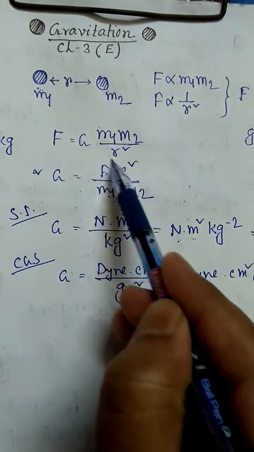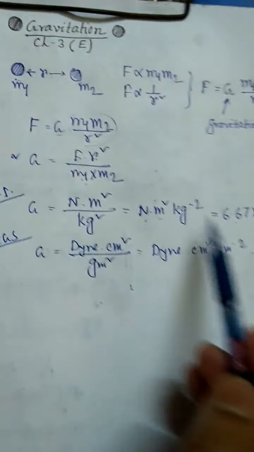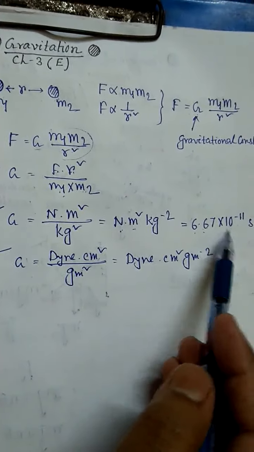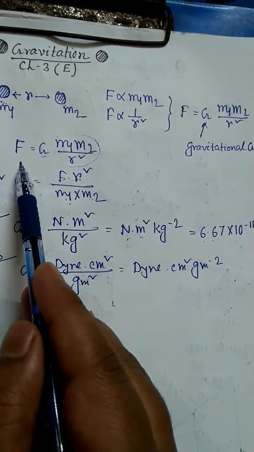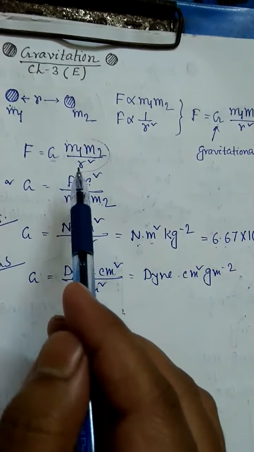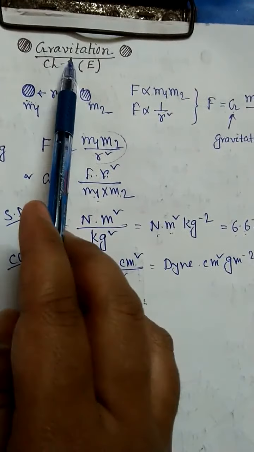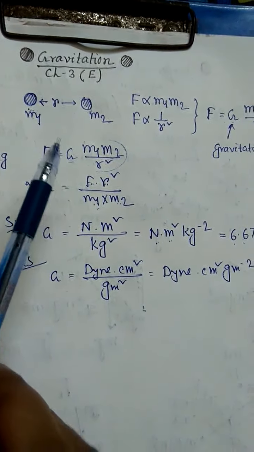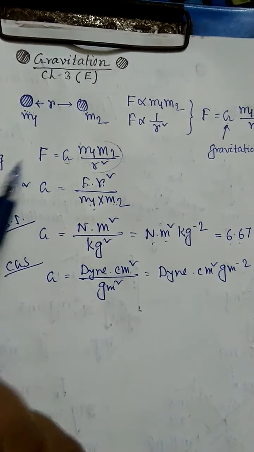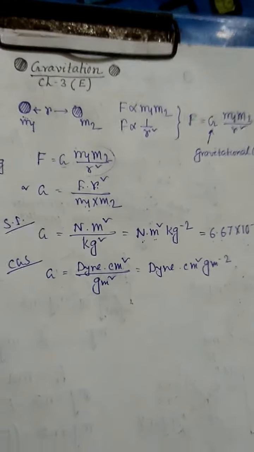So this quantity can be a little bit bigger, but as the value of G is very small, the force becomes very small. That is why gravitational interaction is the weakest interaction in our universe. Is it okay? So gravitational force is the weakest force. You must know this.